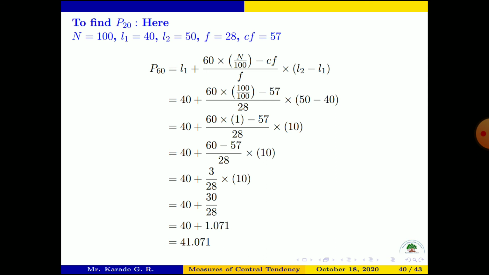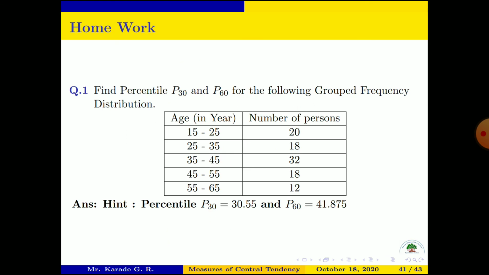So in this way we can find all the percentiles of the given grouped frequency distribution. I have given one homework to you. Find percentiles P30 and P60 for the following grouped frequency distribution. Here classes are given, age in years, and number of persons. The classes start from 15 to 25.